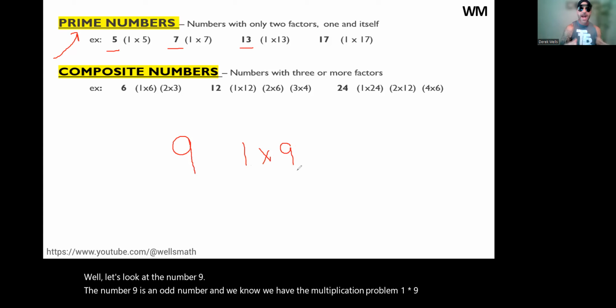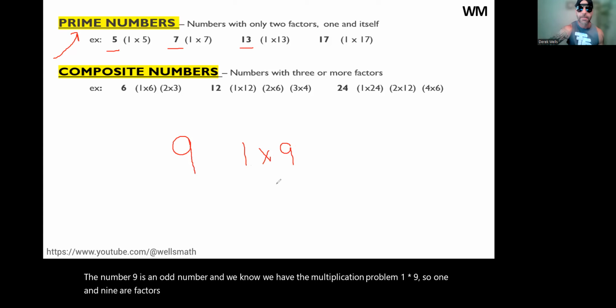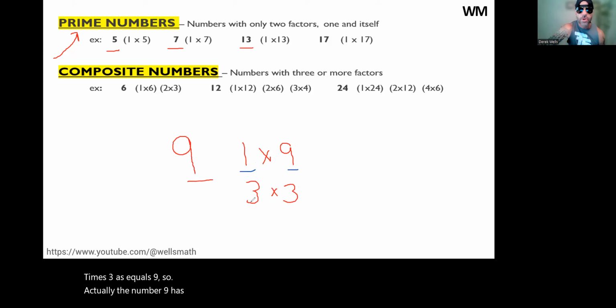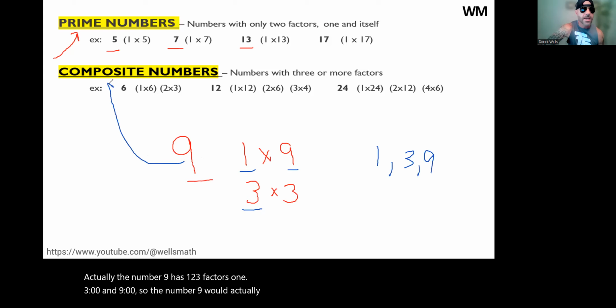So 1 and 9 are factors of the number 9, but then you've got to be careful. You have 3 times 3 as well equals 9. So actually the number 9 has 1, 2, 3 factors: 1, 3, and 9. So the number 9 would actually be a composite number.